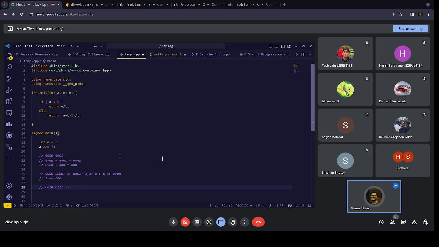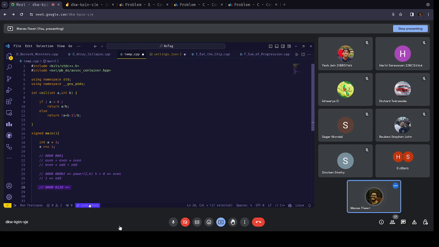Just the last bit will give you the odd contribution. So checking the last bit alone is sufficient to prove that a number is odd or even, because only the last bit will contribute to the odd part. So basically this number will be equal to 2 raised to the power 1 plus 2 raised to the power 2, both of which are even, right?